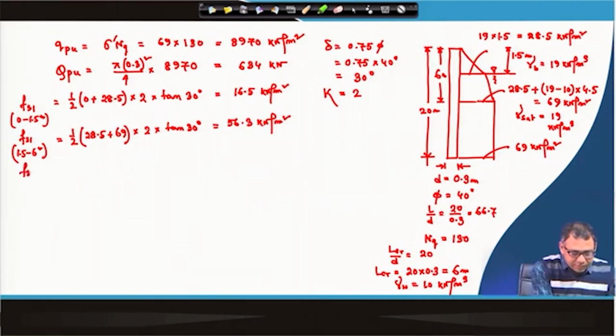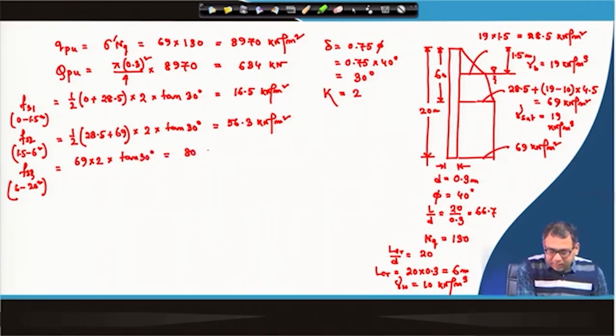The next one, FS2, FS3, which is 6 to 20 meter. So, now it is uniform. So, 69 into 2 into tan 30 degree. So, that is equal to 80 kilonewton per meter square.